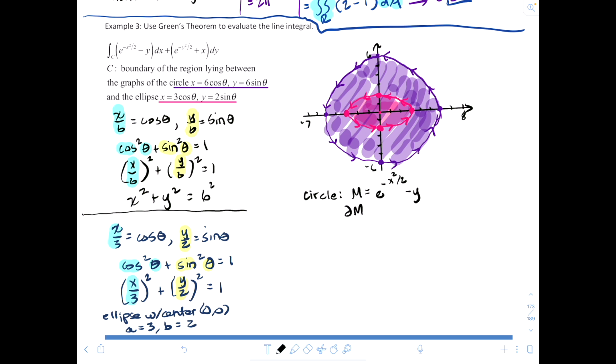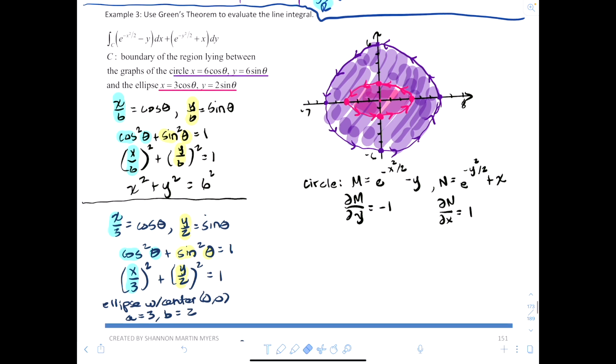The first partial of M with respect to y, that first one zeroes out, so we'll just get negative 1. N is going to equal e to the negative y squared over 2 plus x, so the first partial of N with respect to x is going to be, beautiful, 1.